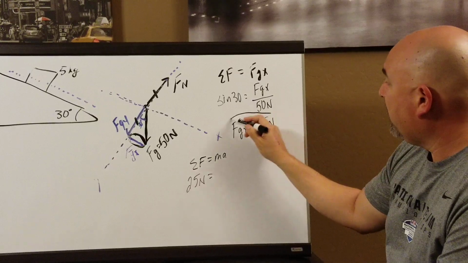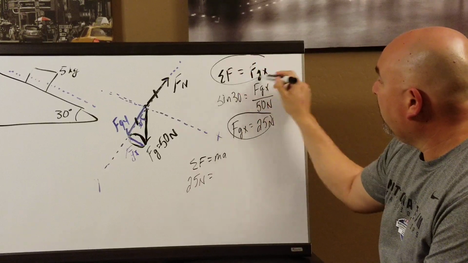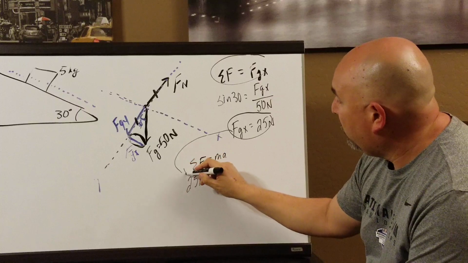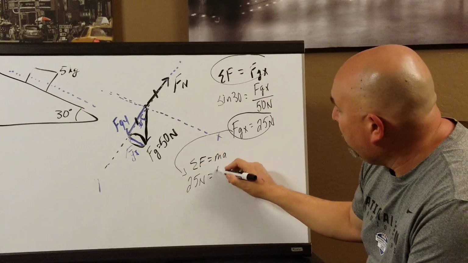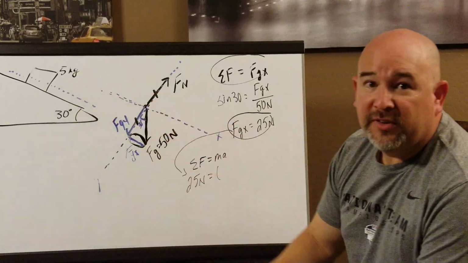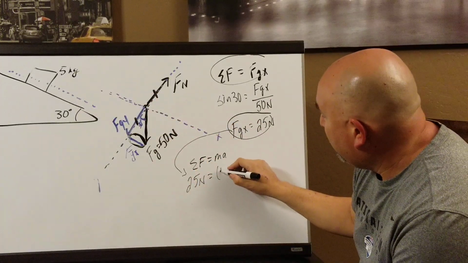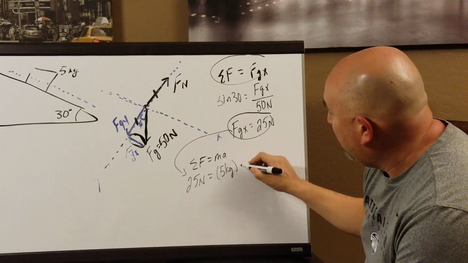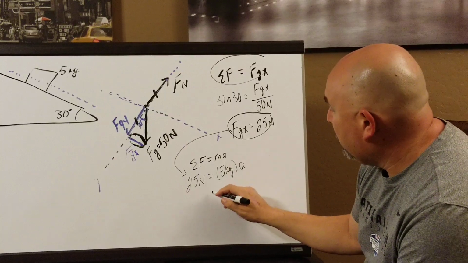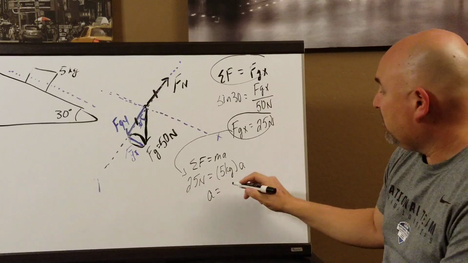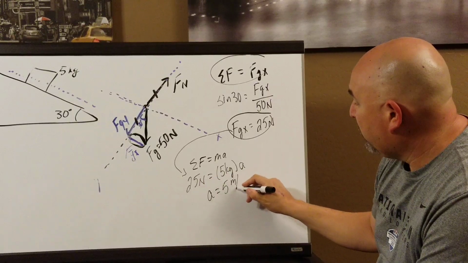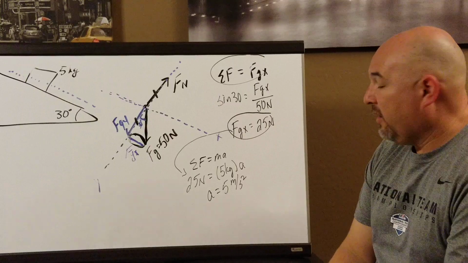And then my mass, we have that from our problem. Mass is right there, so we take our 5 kilograms, and there's our a. And then we can just solve for our acceleration. 25 divided by 5 is just going to give us an acceleration of 5 meters per second squared. And we're good to go.